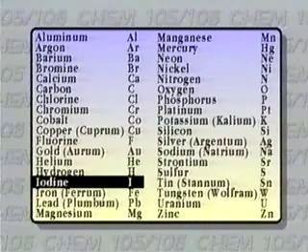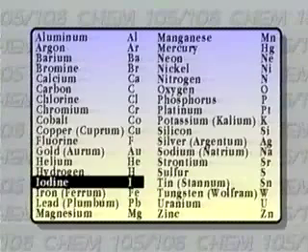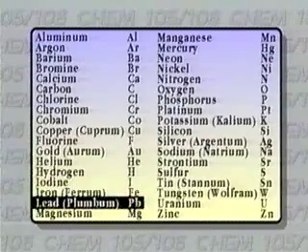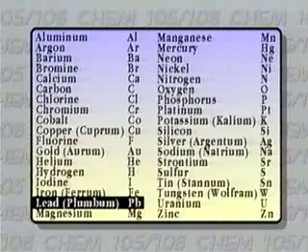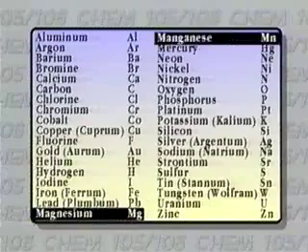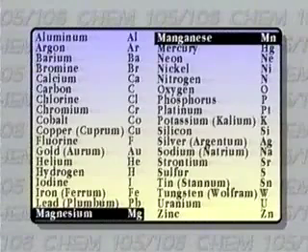You're using the wrong alphabet. Lead is another one, plumbum. Two other ones that are frequently mixed up are magnesium and manganese. So pay close attention to those two, magnesium Mg and manganese Mn.